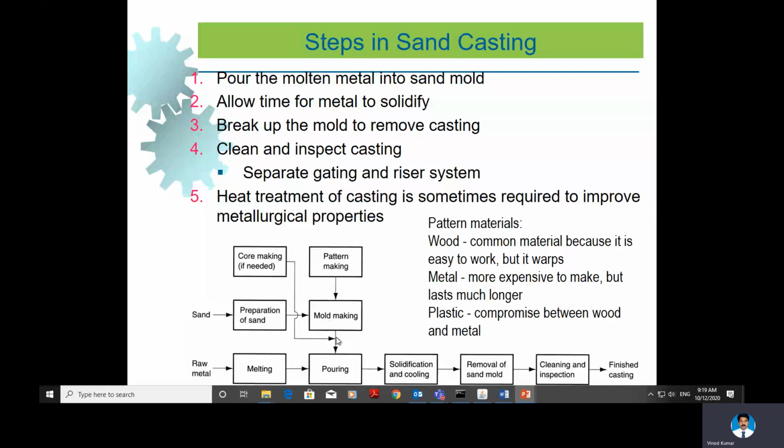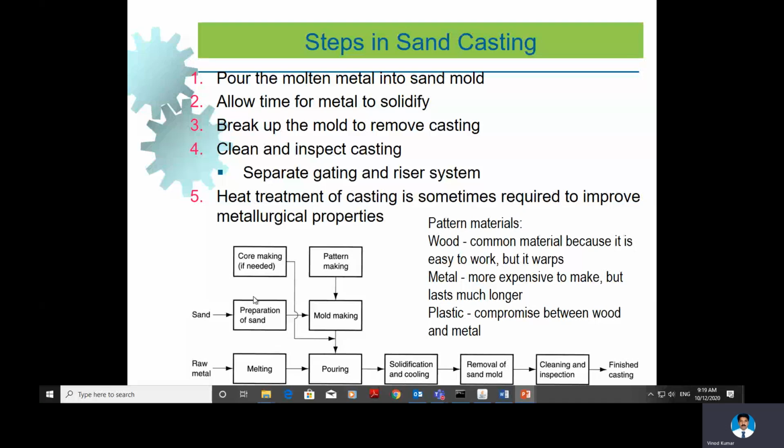After producing the mold, a core is inserted. Core means for any internal parts like holes or hollow sections, we have to use a core. So we prepared a mold with the help of the pattern, which is the shape of the product to be produced, compacting sand around the pattern, and then attaching the core at the end.